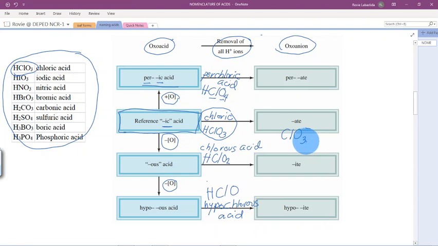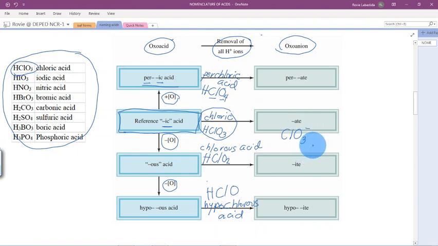How will you determine the net charge for the anion? You will determine that based on how many hydrogen ions were removed. Because the acid only yields one hydrogen ion, the charge would be one negative.